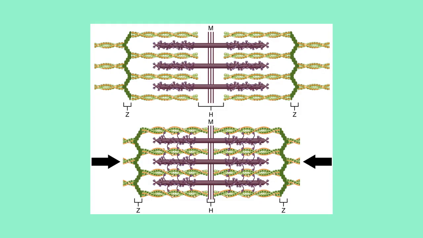They're exposed, so the myosin heads can bind to them. And notice how the thick filaments, the positioning of them, have stayed the same, but the thin filaments, notice the difference right here. Notice overall the sarcomere has gotten shorter. It's muscle contraction.